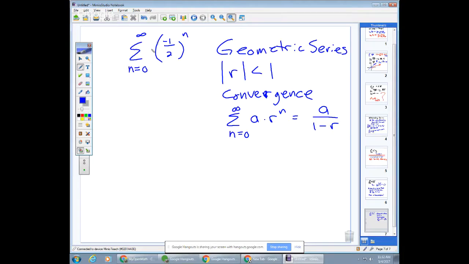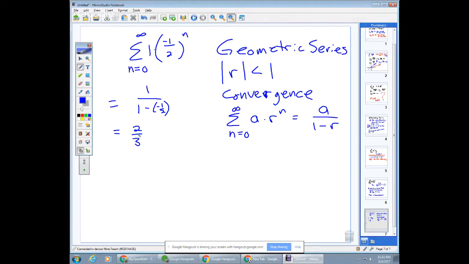So for my series here, I have a 1 multiplied by the front there. So this should converge to 1 over 1 minus -1/2. That would be 1 plus 1/2, which is 3/2, flip it, and you get 2/3. So this should converge to 2/3.